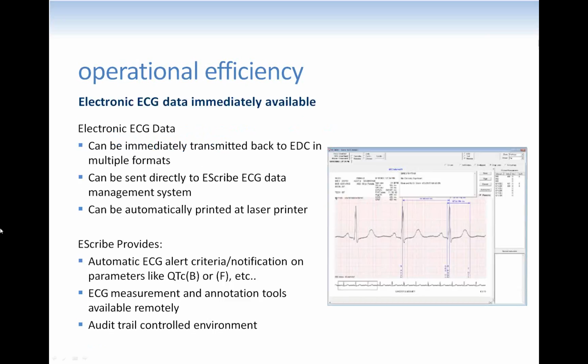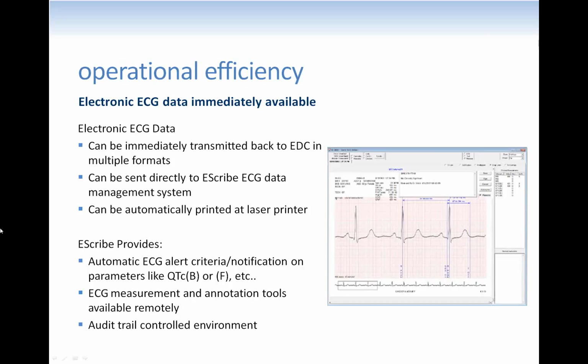In either case, we can move that electronic ECG data after it's been acquired with Surveyor or with an electrocardiograph from the Surveyor system to the eScribe data management system for measurement and annotation right on site.